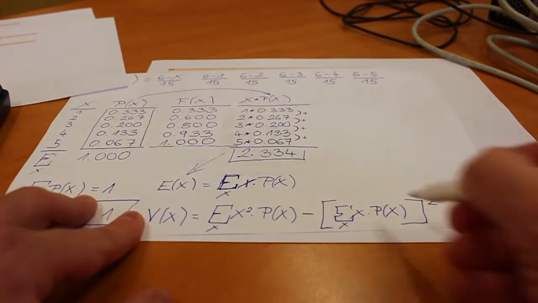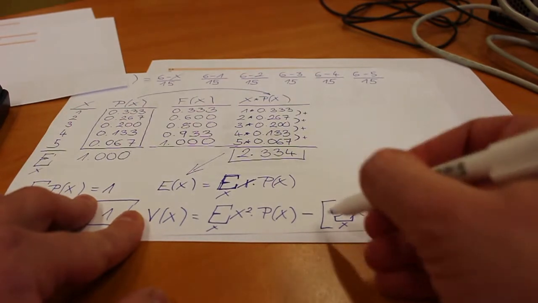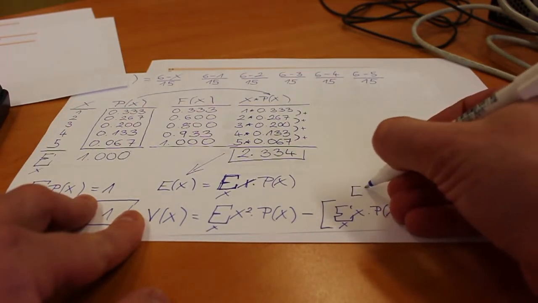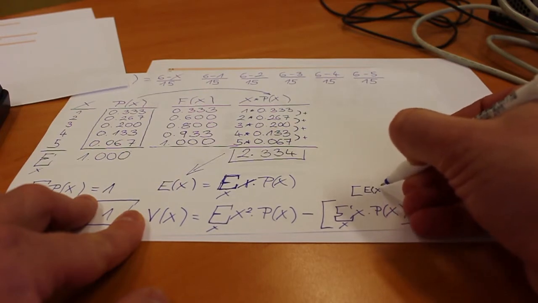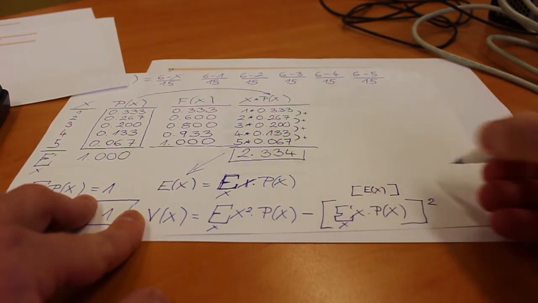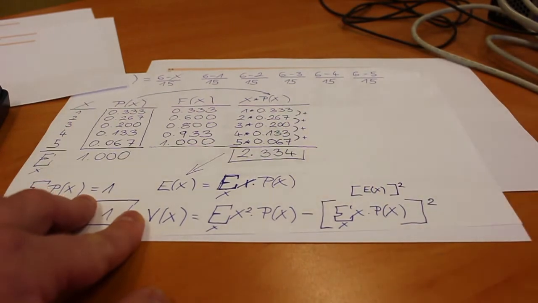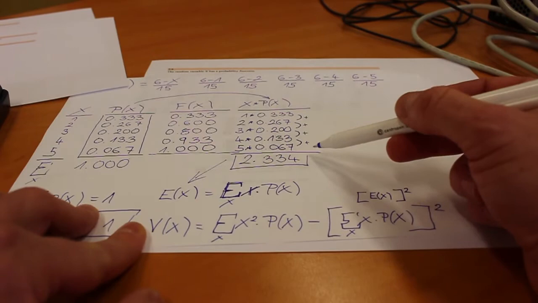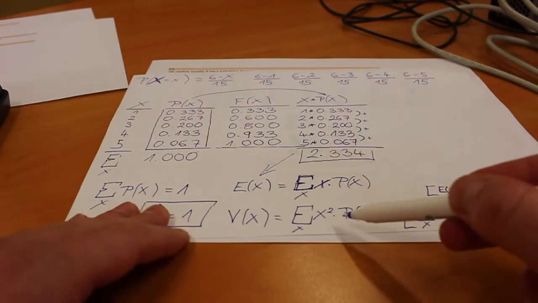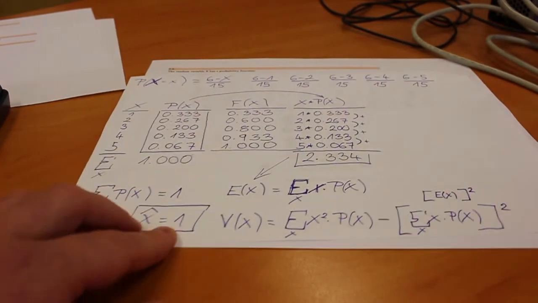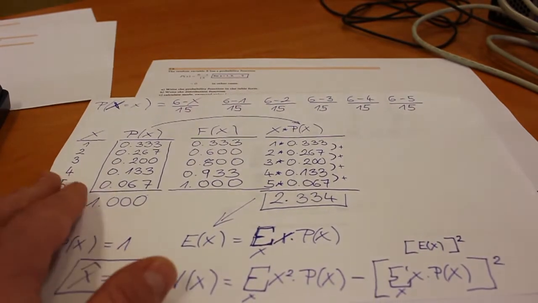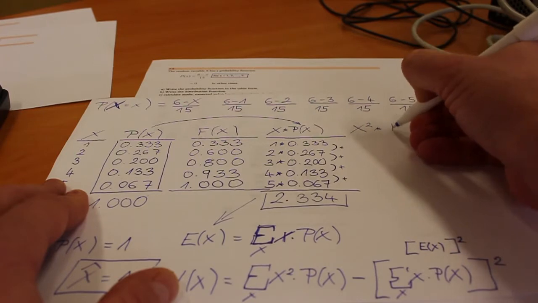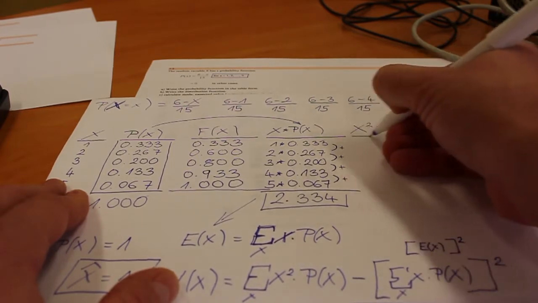So this second part is already calculated, because in this squared parenthesis you have the expected value squared. So this value is 2.334 squared. But I must calculate this first part, x squared times p(x).